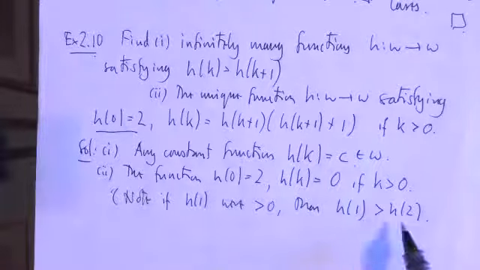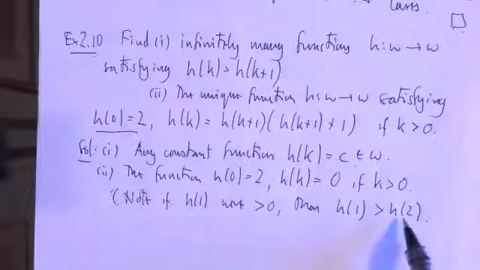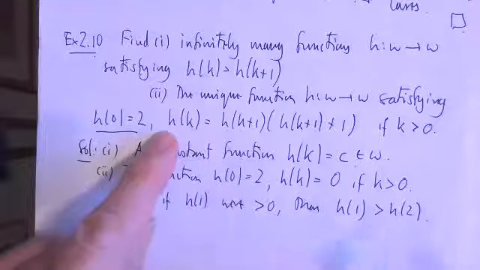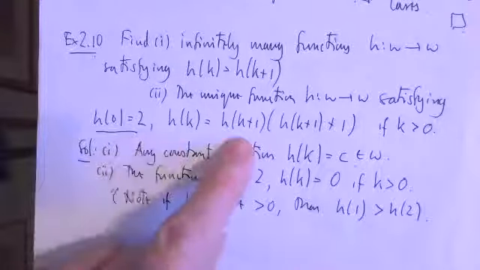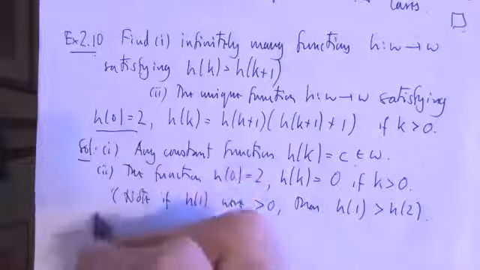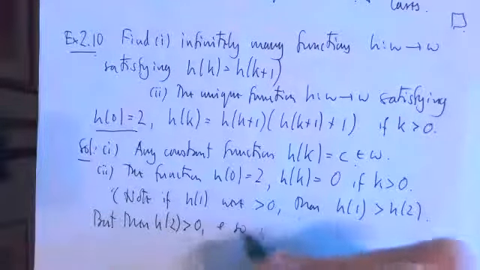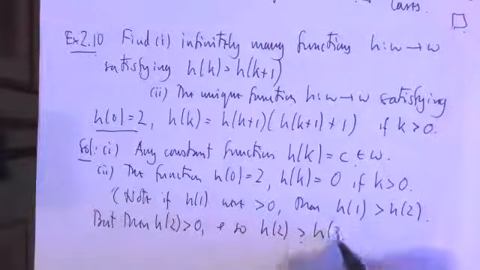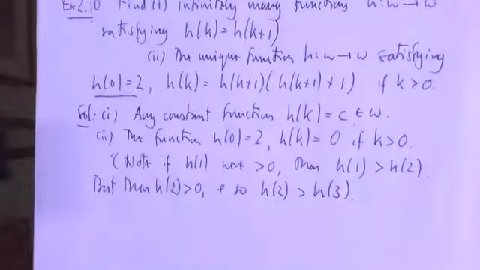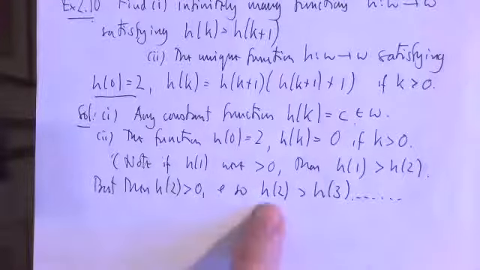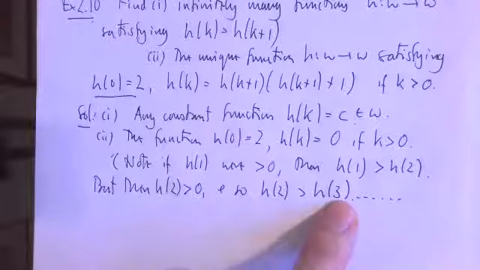And then similarly, if h of 2 is bigger than 0, which it would have to be if h of 1 is bigger than 0, we then have h of 2 is actually bigger than h of 3. So we would continue in this reasoning like this. And what we would have is an infinite descending chain of natural numbers, like this, h of 2 bigger than h of 3, bigger than h of 4, bigger than h of 5, which is impossible.